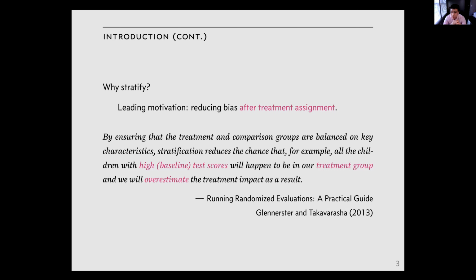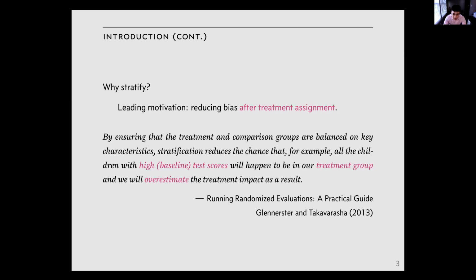So what happens if you don't stratify according to the baseline test scores? It may happen that when you run the experiment and look at the treated group and the control group, most people in the treated group are those with high baseline test scores, while most people in the control group are those with low baseline test scores. Because you didn't stratify, there's no guarantee you're going to end up with balance.